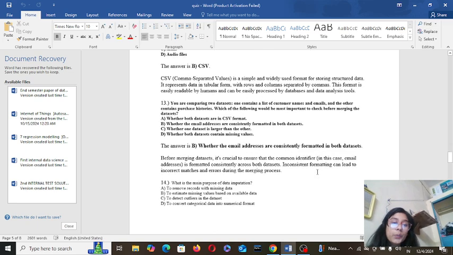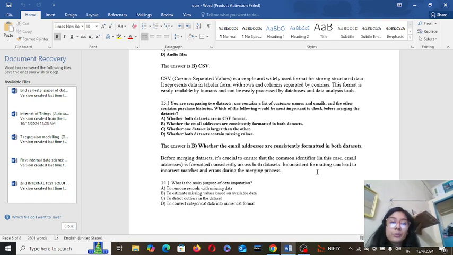Now our 13th question is, you are comparing two data sets. One contains a list of customer names and emails, and the other contains the purchase histories. Which of the following would be the most important to check before merging the data sets? So our answer is option B, whether the email addresses are consistently formatted in both data sets.